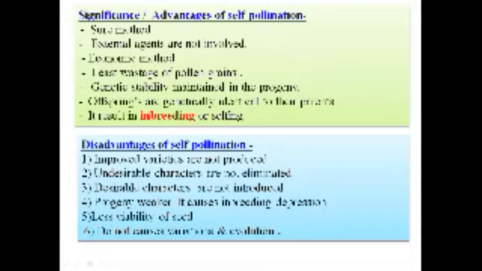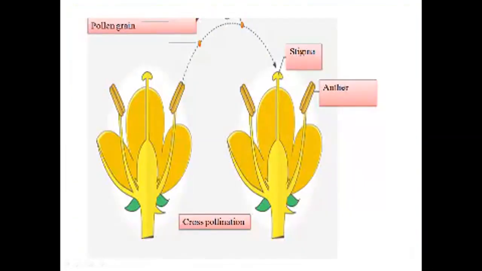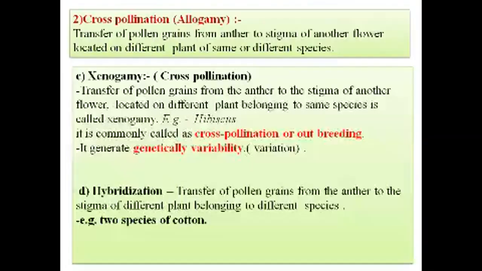Then the next type of pollination is cross-pollination. In cross-pollination, pollen grains are transferred from the anther to the stigma of another flower located on another plant body. Cross-pollination is known as allogamy.